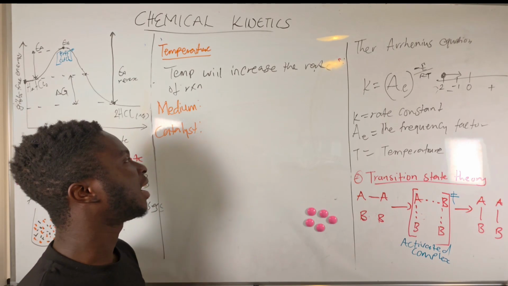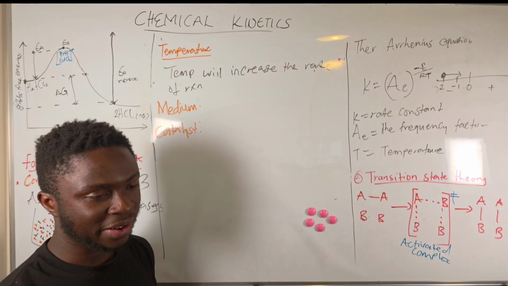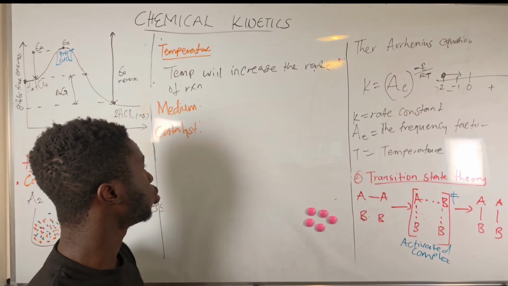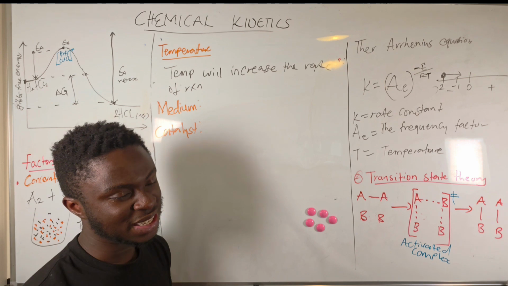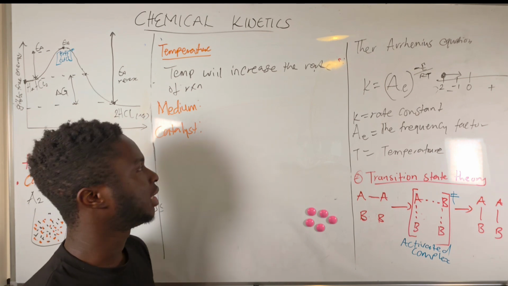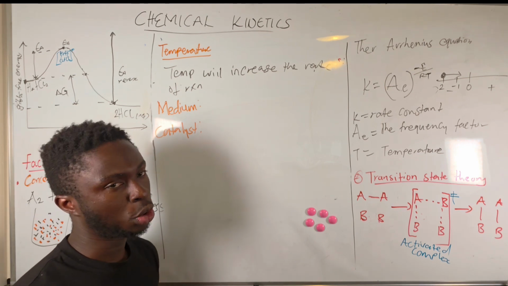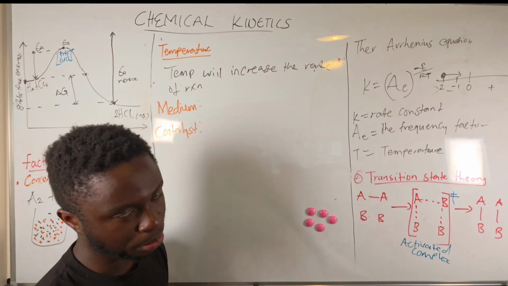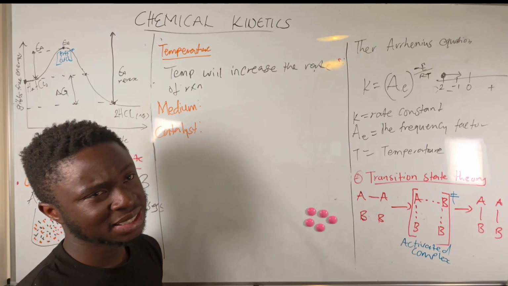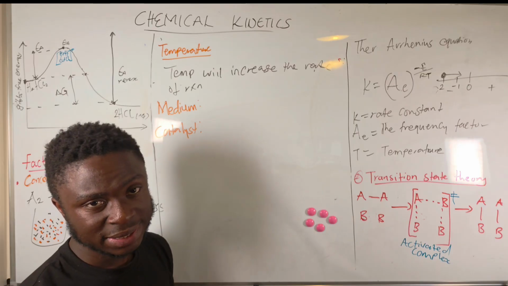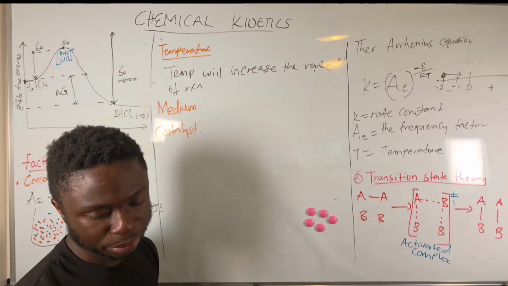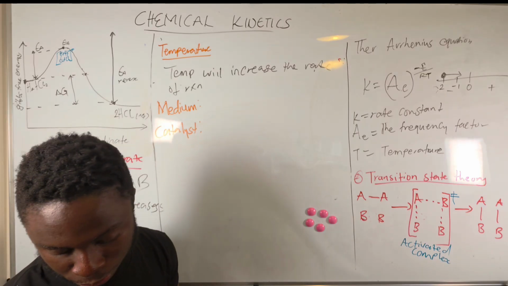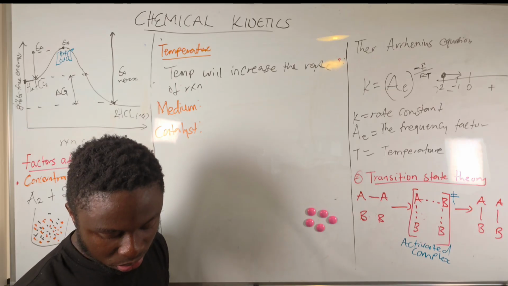Now, if you add a catalyst to any chemical reaction, you are supposed to get back the catalyst intact at the end of the reaction. Catalysts do not become a product or part of the reaction. A catalyst could be heat, it could be an enzyme, right? They are all different forms of catalyst.